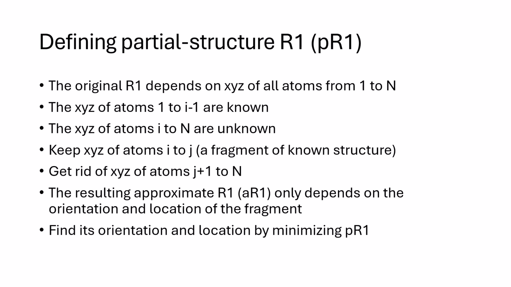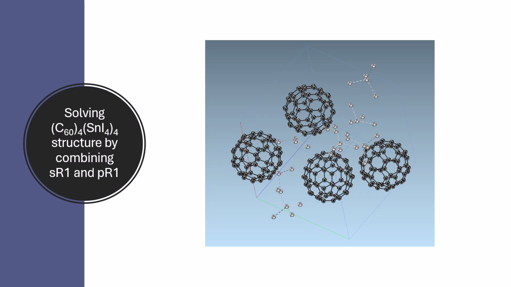This is because the internal structure of the fragment is known. So, by minimizing PR1, we can determine the orientation and the location of the fragment. Here is an example solved by a combination of aR1 and PR1.